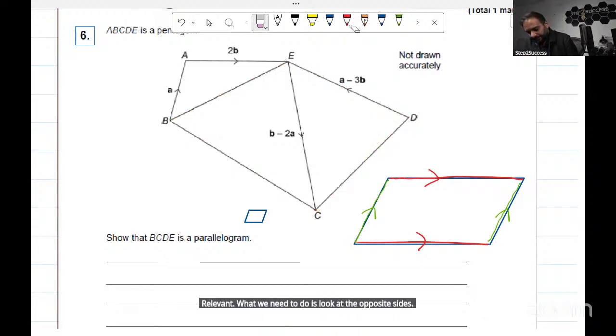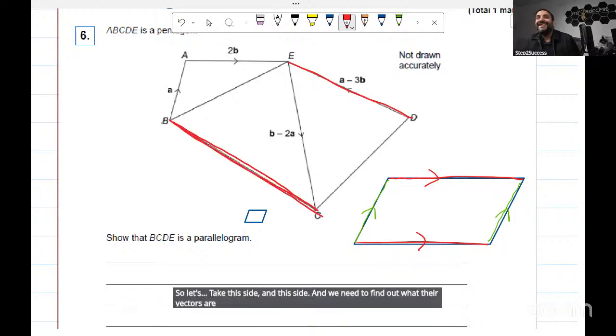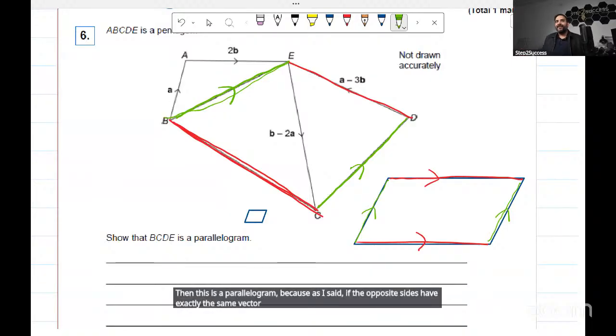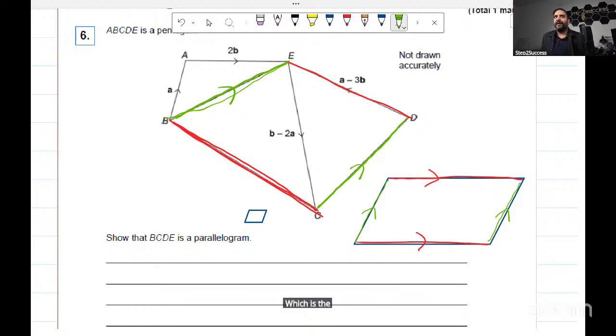So let's take this side and this side, and find out what their vectors are. Because if the opposite sides have exactly the same vector, then they're the same direction and the same size, which is the definition of a parallelogram.